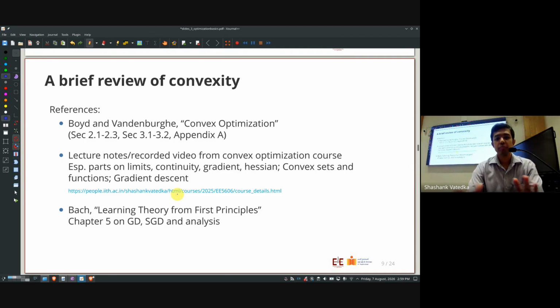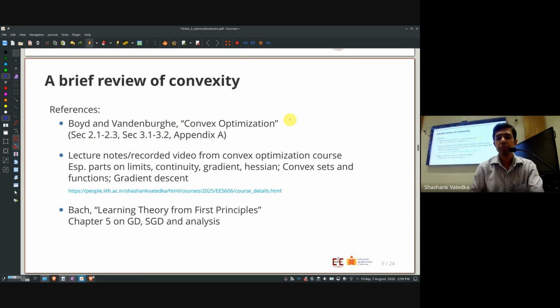The field of optimization is very vast and we can't cover everything. But here are some references for the specific topics that we'll cover in the next couple of classes. A very nice reference on convex optimization is this book by Boyd and Vandenberghe. We'll essentially cover topics from chapter 2 and chapter 3.